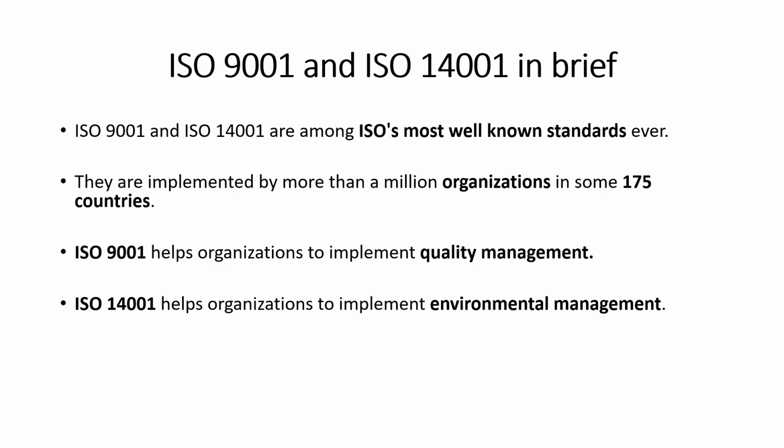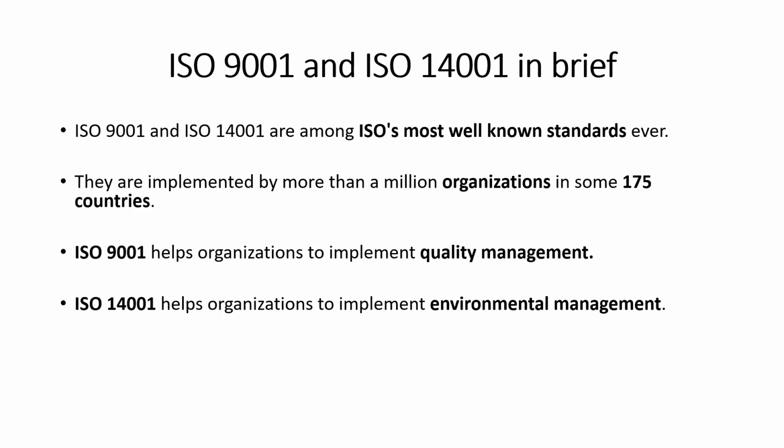Typically, these are the common standards which we talk about quite a bit. These are among ISO's most well known standards ever. They are implemented by more than a million, that is 10 lakh, organizations in some 175 countries. So, these are the most widely known regulations all across the globe.